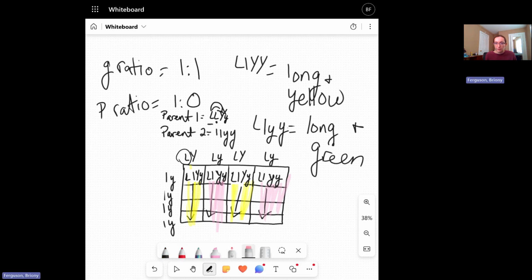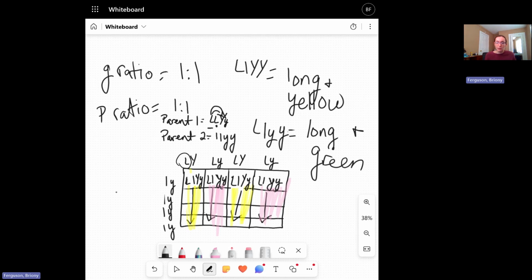Well, now your phenotypic ratio is going to switch to being the same as your G ratio as a 1-to-1. They can get more complicated depending on what your parents' alleles are. You might have P ratios that end up being like 6-6-2-2 or all kinds of different combinations.